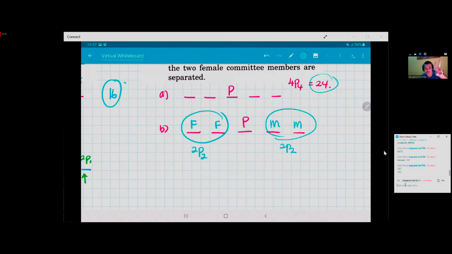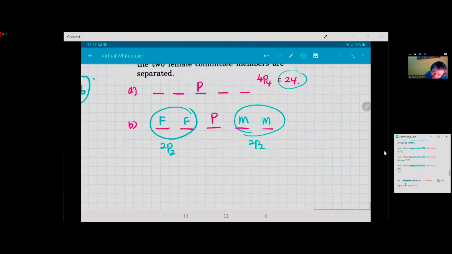But if the 2 females go here, the 2 males will go the other side, so another 2P2. But then after you multiply 2P2 with 2P2, you must multiply with another 2P2. Why do I multiply another 2P2? Because this group of male and females can change position.